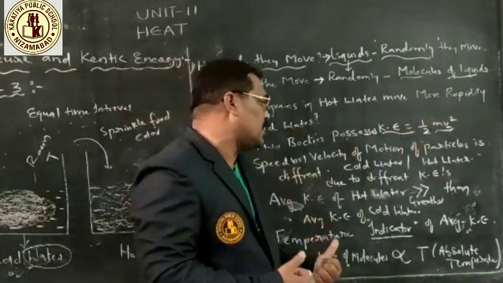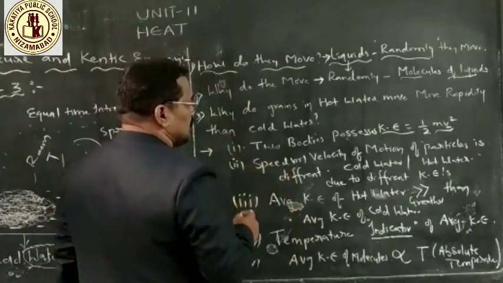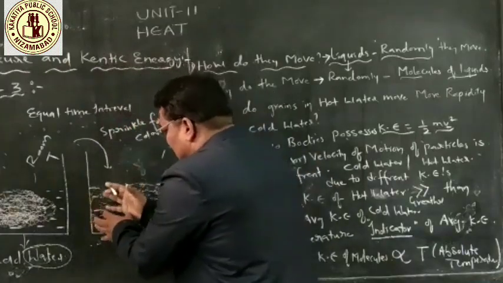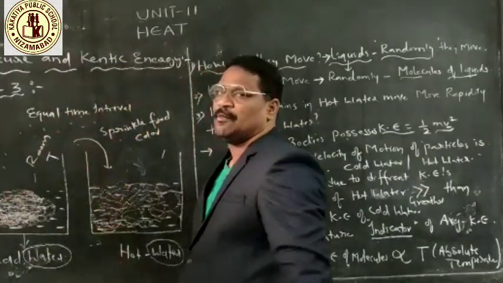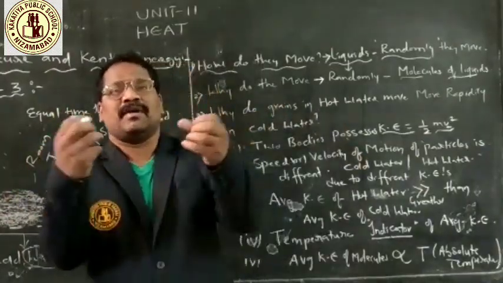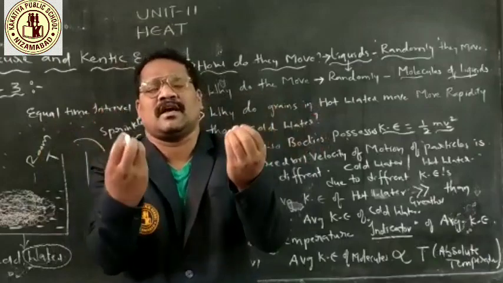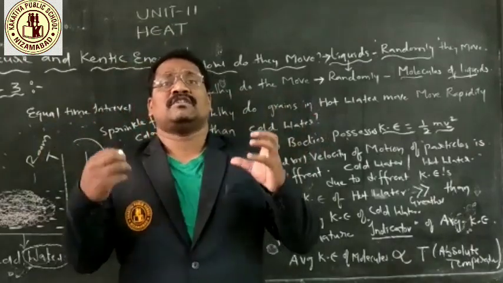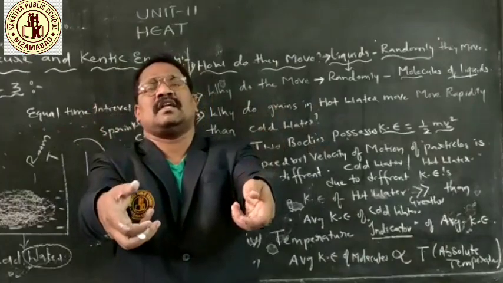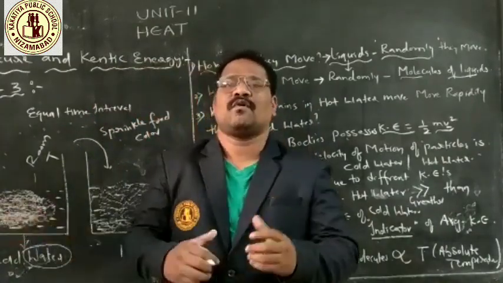If you compare the average kinetic energy of a hot body and a cold body, we can clearly answer that the hot body possesses more average kinetic energy than the cold body.